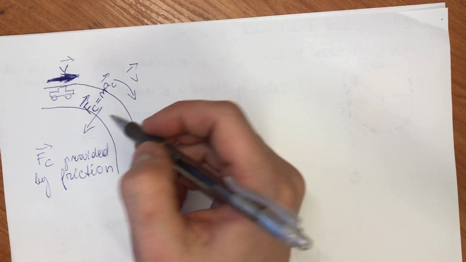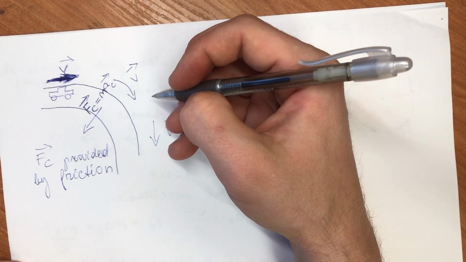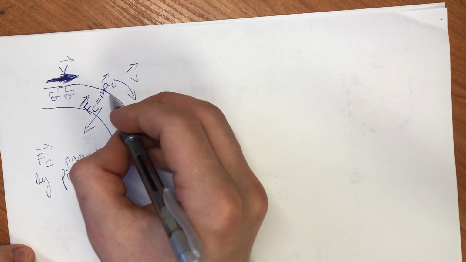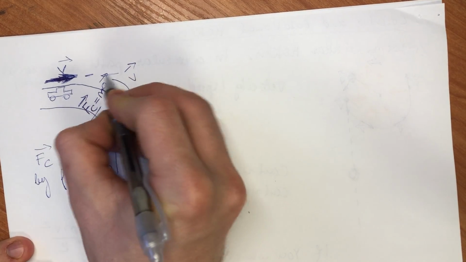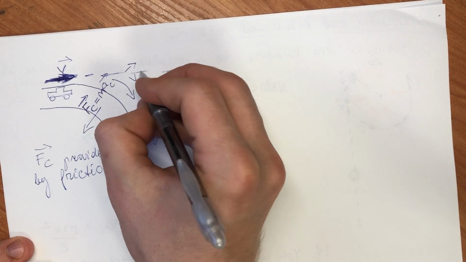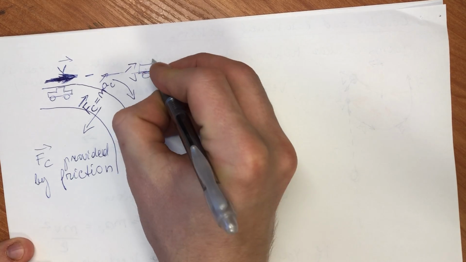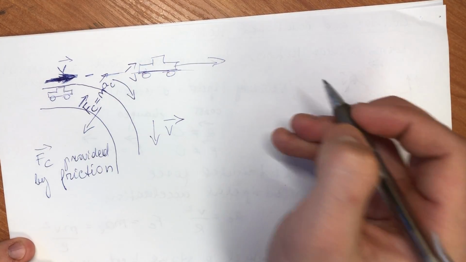If there is no friction, if the road is slippery, then the car may go out of the road. So this motion would be like we have shown for the motion of a stone. If there is no centripetal force, this car would go like here, out of the road.